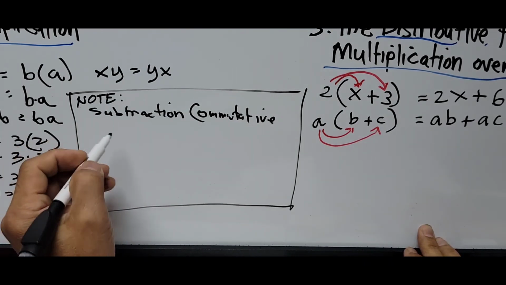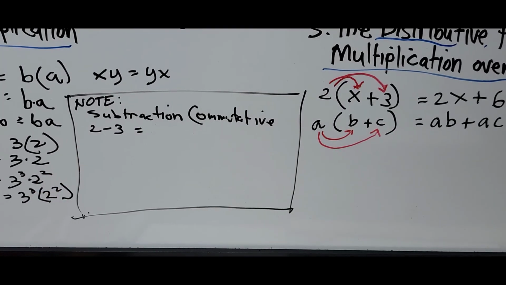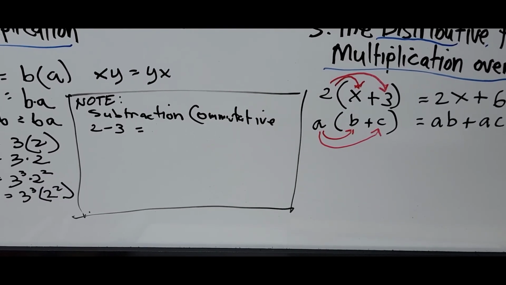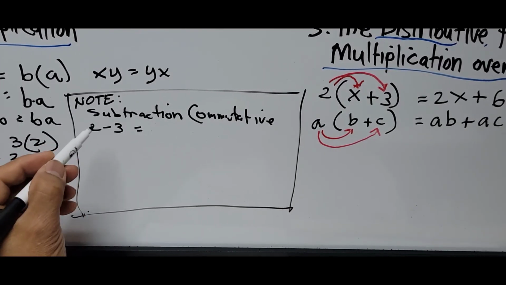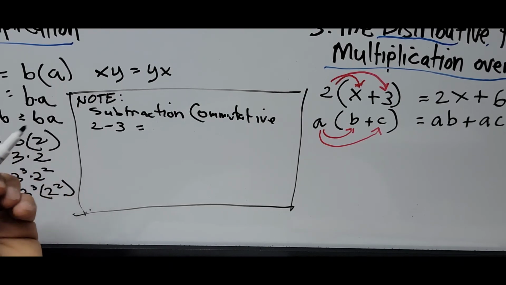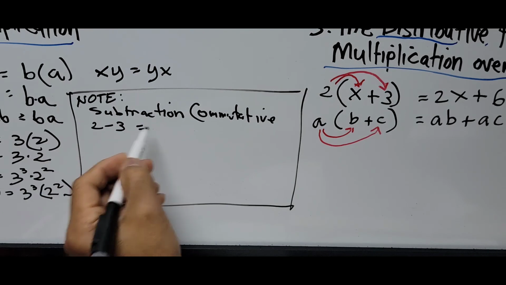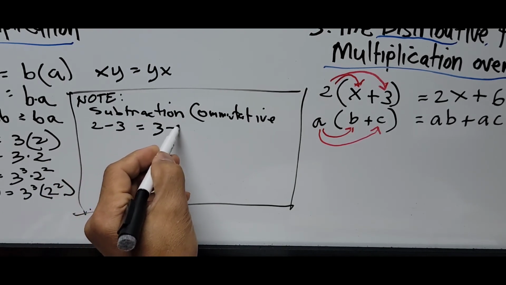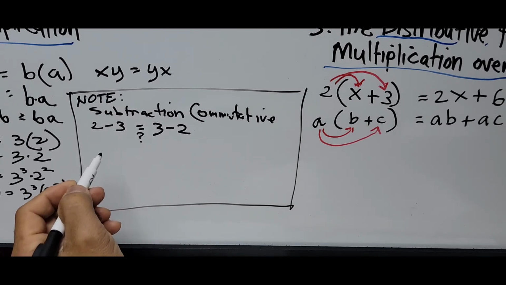So let's say 2 minus 3. Is there such a thing as commutative property of subtraction? Now let's find out. 2 minus 3, is that the same as 3 minus 2? Is that the same? It is not.